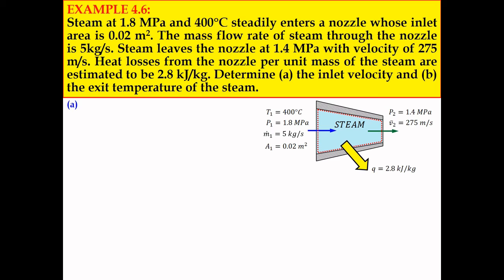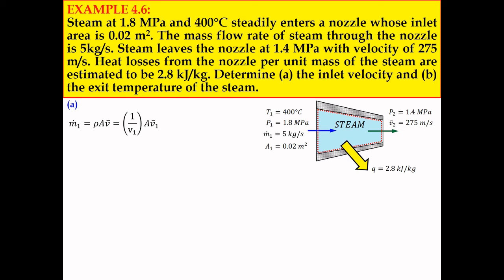For this case, we have heat losses to the surroundings, so the heat transfer term in the energy balance equation we need to consider is Q equal to 2.8 kJ per kg.